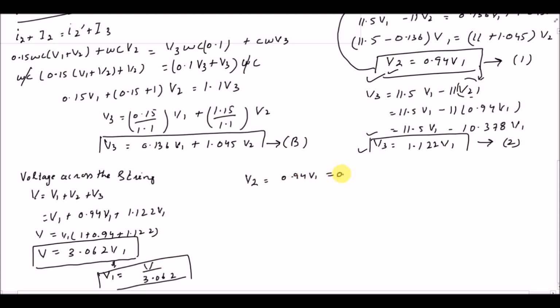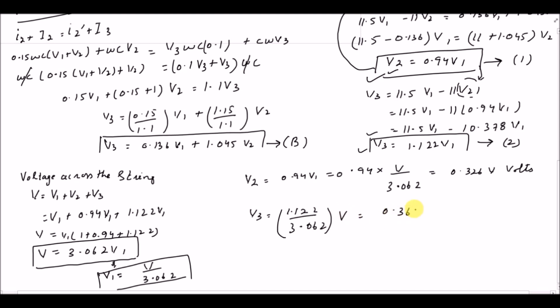So it is 0.94 into V over 3.062. So this will be equal to 0.326 V volts. Similarly for V3, it is 1.122 over 3.062 volts, and this will be 0.364 V volts.